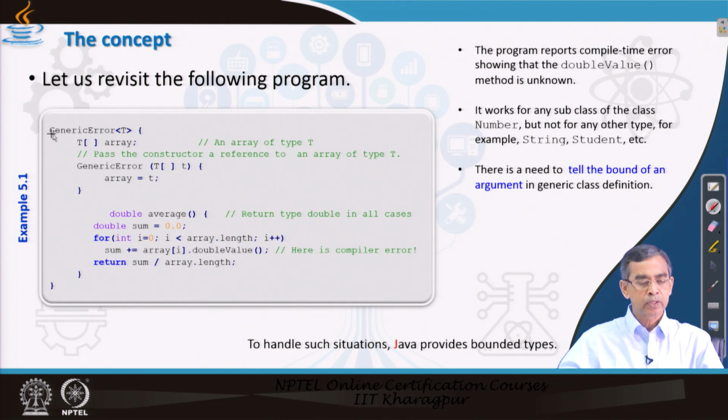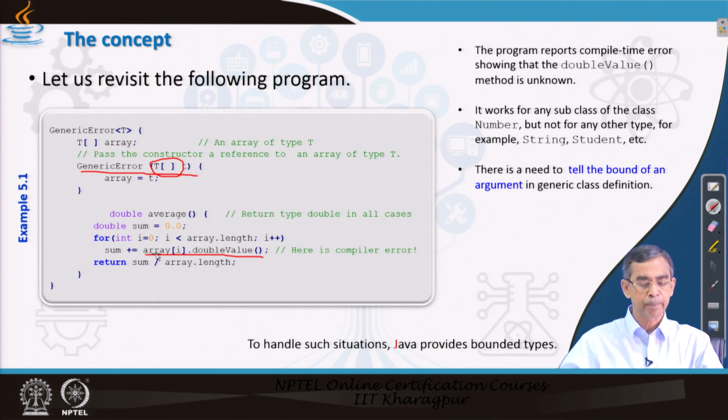In this example, this is a program, and we define it with a generic class, and T is the template. We use this template class definition to access a method for that type.